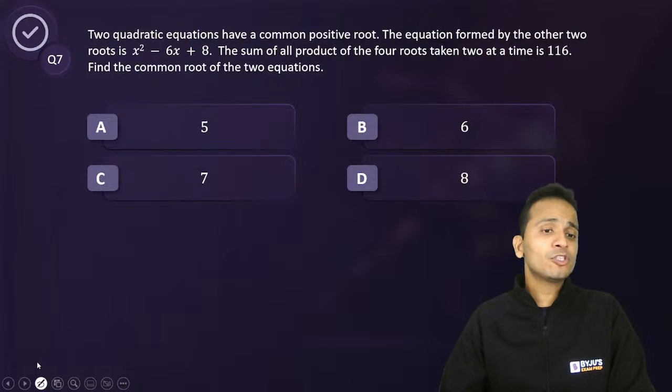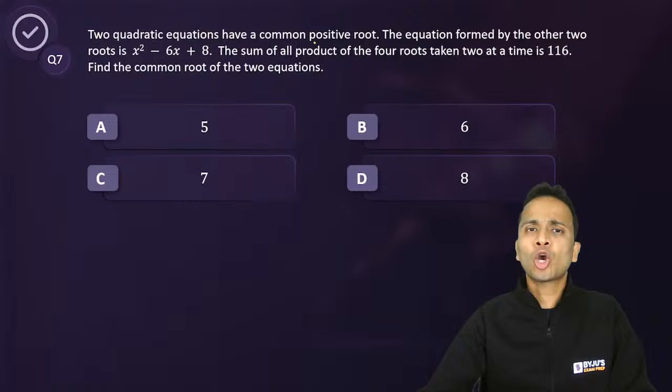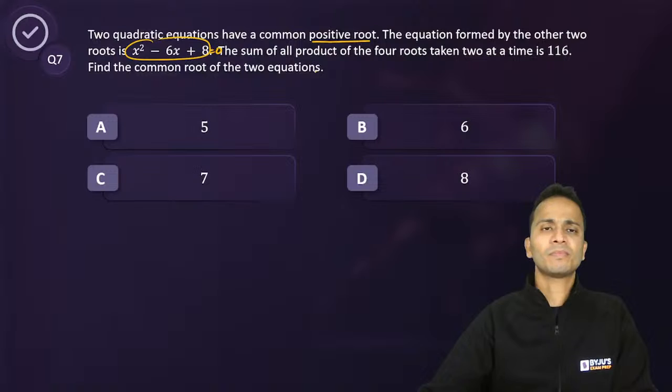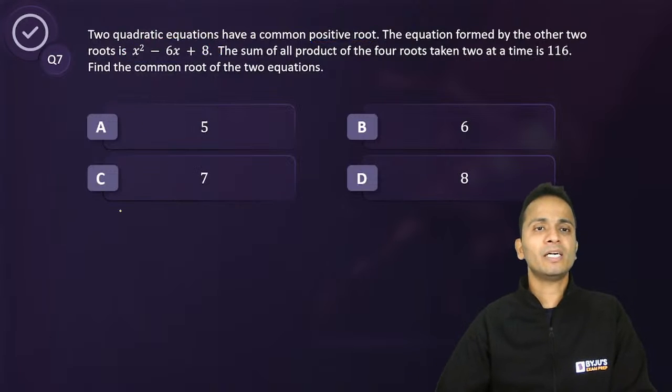Read the language of this question very carefully. Two quadratic equations have a common positive root. Common positive root. The equation formed by the other two roots is given, equal to 0. So the equation formed by the other two roots is x square minus 6x plus 8 equal to 0.